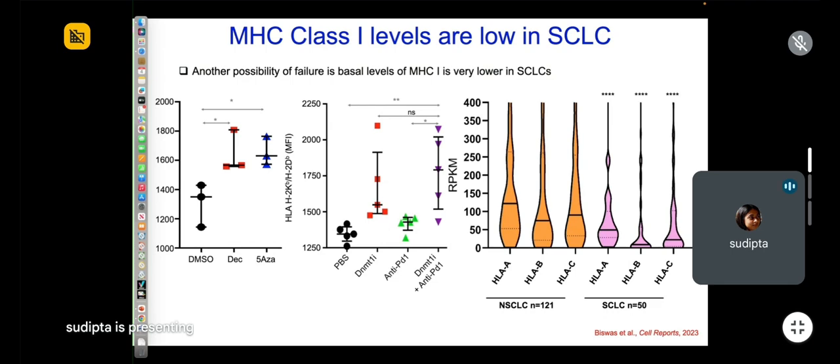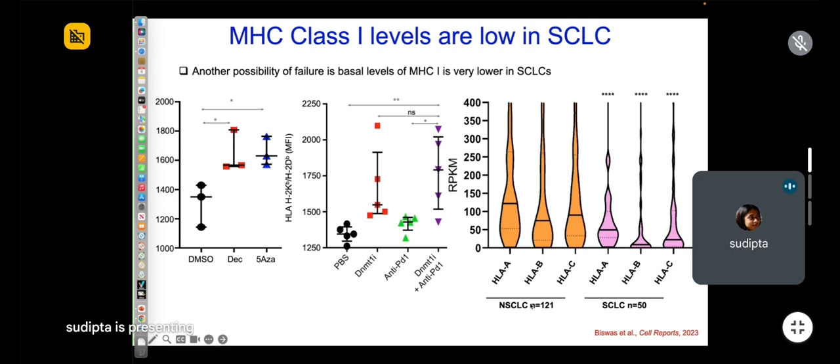And another reason might be the MHC class 1. The MHC class 1 is required for the immunotherapy to act on. And in these cells, small cell lung cancer, the basal level of expression of this MHC1 is very low. So that might be another reason.